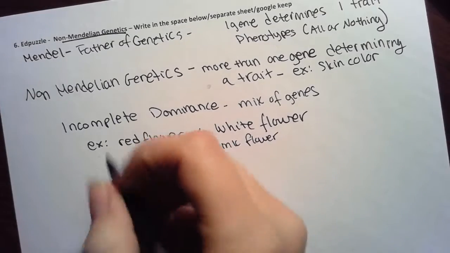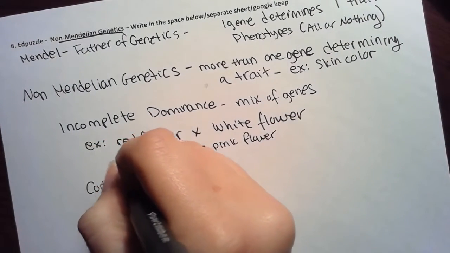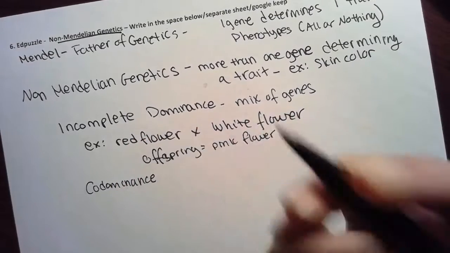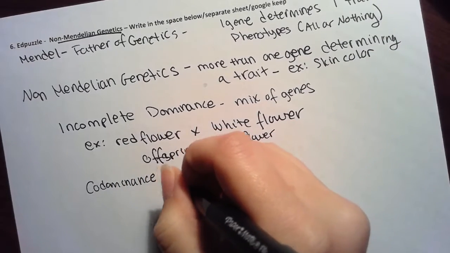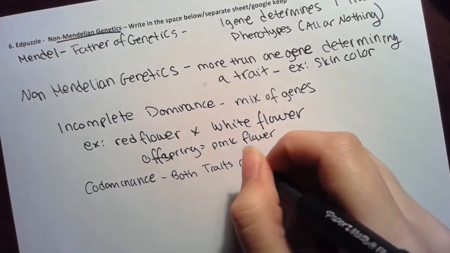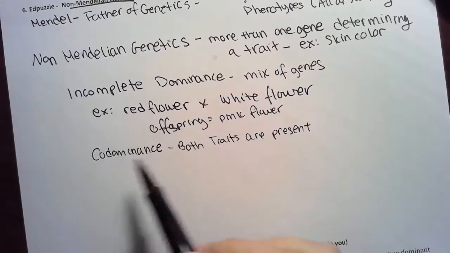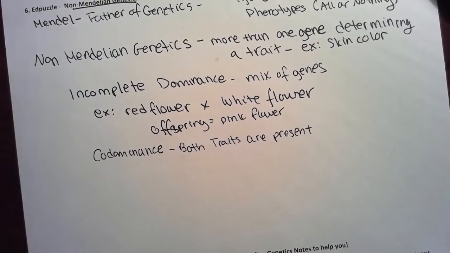Another thing that can occur is something called codominance. Codominance is when both traits are present. So co meaning together, dominant.